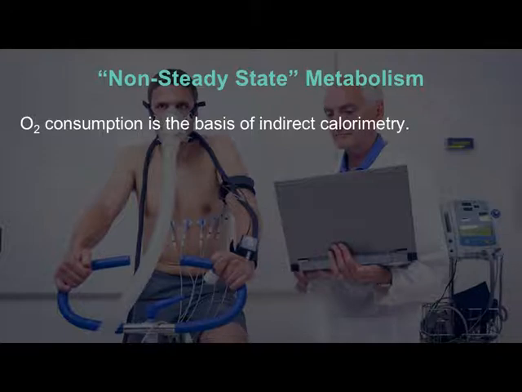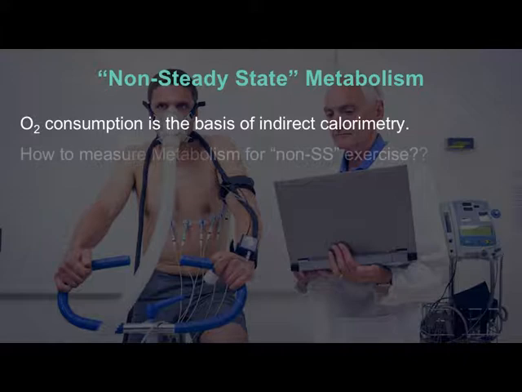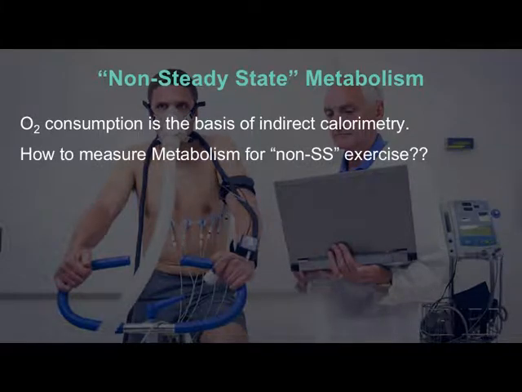There's some recovery elements that you have to consider. So how do you measure metabolism for non-steady state exercise? O2 consumption is one way to think about it, but if it goes up and down, there's energy being expended in the valleys between those peaks if you're doing sprints or something else. That is hard to measure with this technique.